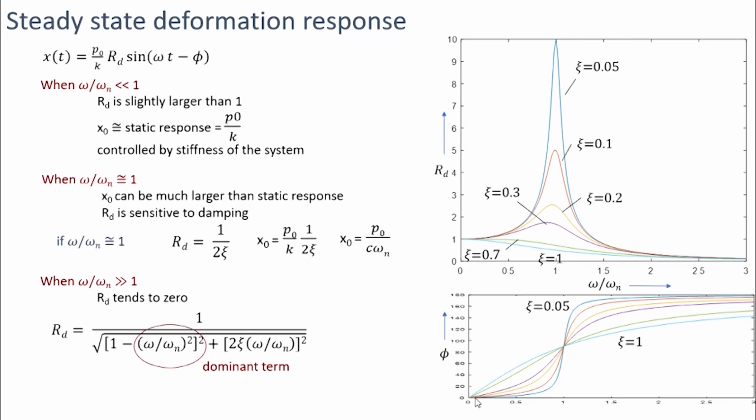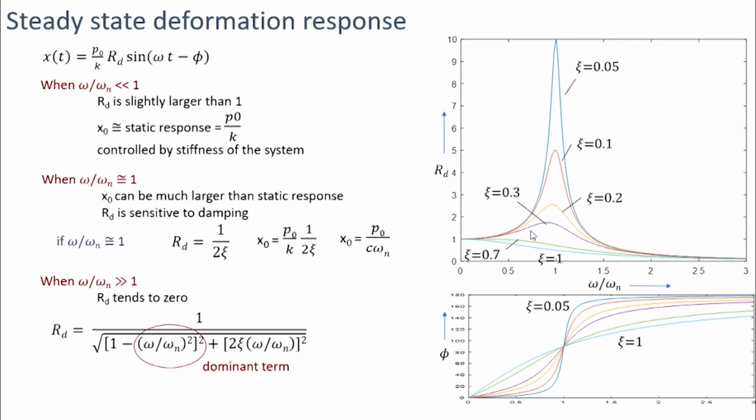When the frequency ratio is close to 0, the phase angle is also close to 0, and when the frequency ratio is much higher than 1, the phase angle approaches 180 degrees, and the nature of the changes in phase angle will depend upon the value of damping. As the damping increases, this curve becomes flatter and it changes its values gradually.